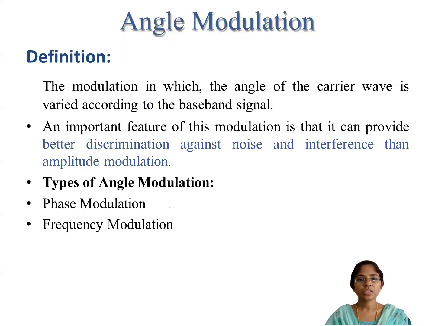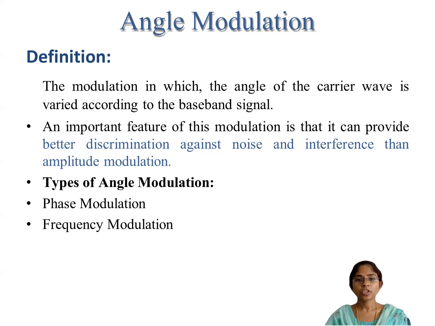So coming to the definition, modulation means changing the characteristics of the carrier signal with respect to the instantaneous value of the baseband signal. In angle modulation, the angle of the carrier is varied with respect to the baseband signal. Already we know about amplitude modulation technique, which has a certain disadvantage that the carrier uses most of the power.